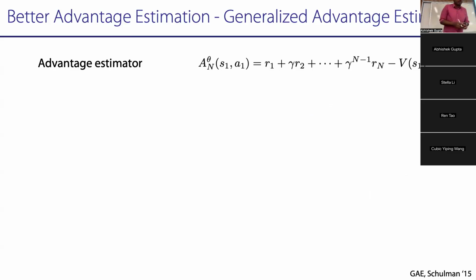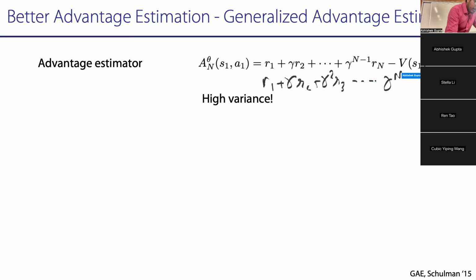And what John and some others thought about is, hey, this thing is high variance, but you can notice there's a recursion in this objective. This objective is R1 plus gamma R2 plus gamma squared R3 up to gamma to the n minus 1 Rn, minus V of s1. Okay, I just rewrote it again.